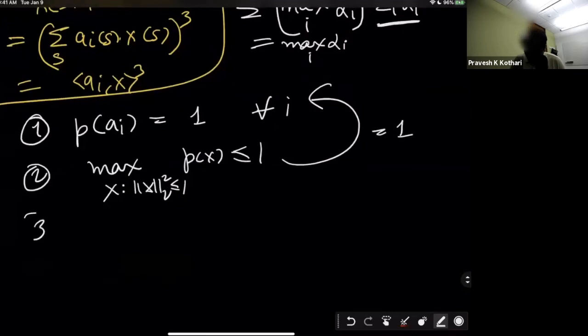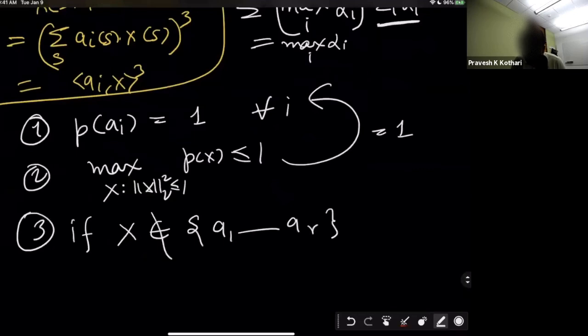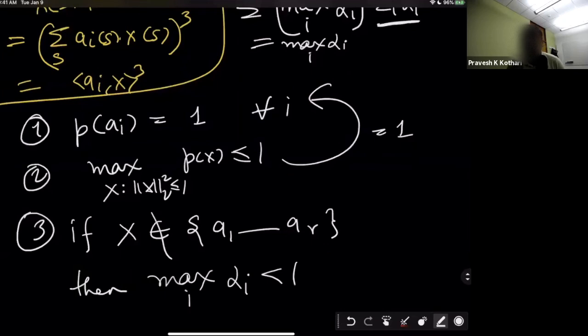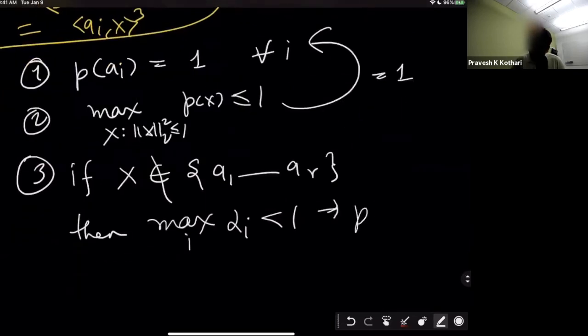And finally, if x doesn't belong to the set a_1 through a_R, then notice that the max over i of alpha_i is strictly less than 1, which means that P of x is less than 1, which means that x cannot be a maximizer of P. Is this simple, trivial proof absolutely clear? Because I've established a correspondence between components of this tensor and the set of maximizers of the associated homogeneous degree 3 polynomial.